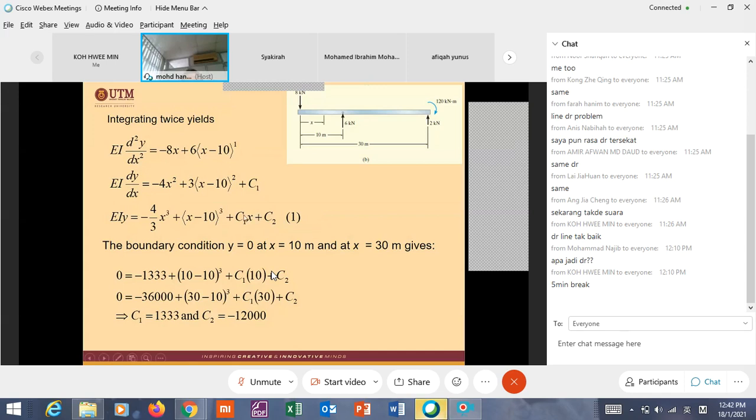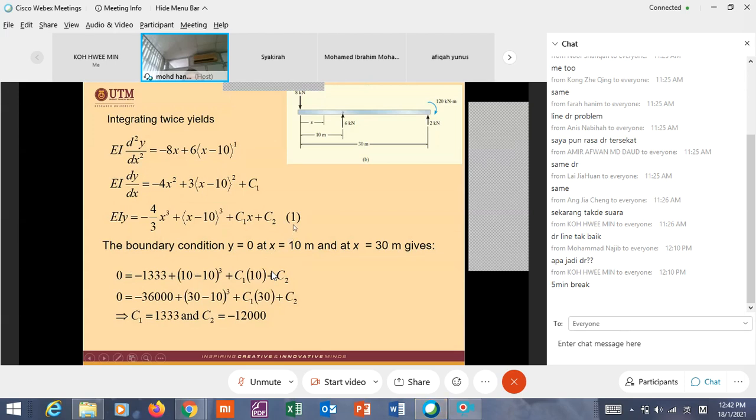Now you have two equations. You have two constants or variables, C1 and C2. That means you need boundary conditions as usual. So I don't have to explain in detail here.